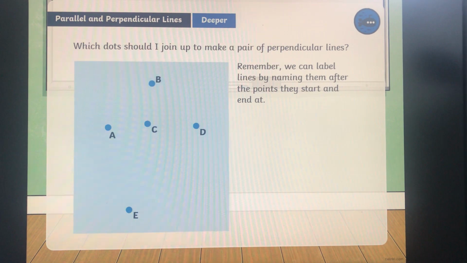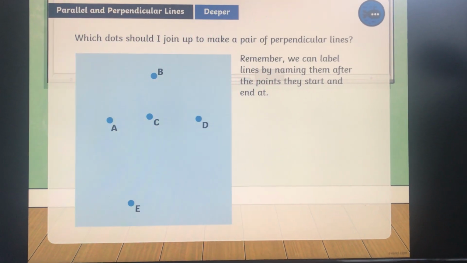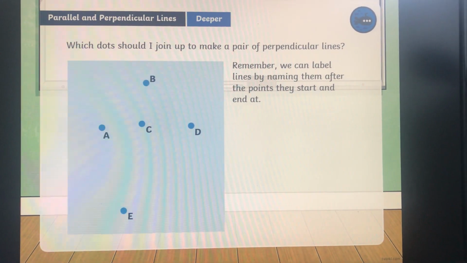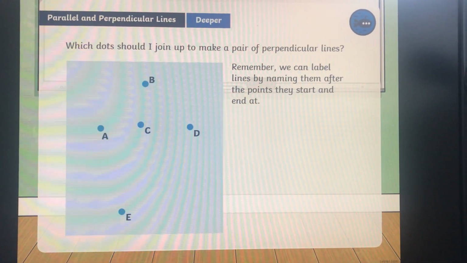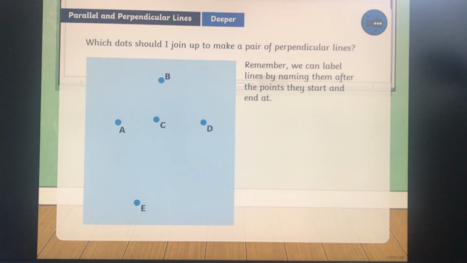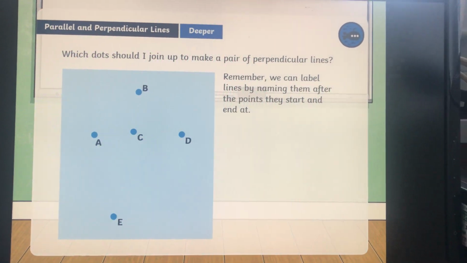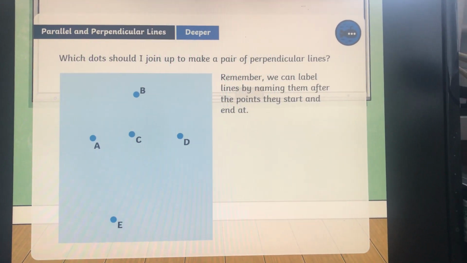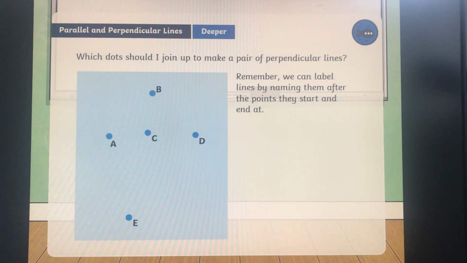Just a little side note, when we are looking at lines in maths, we label them by naming them after the points they start and they end at. And you'll see what I mean about that in a minute. But for now, just have a look and see.